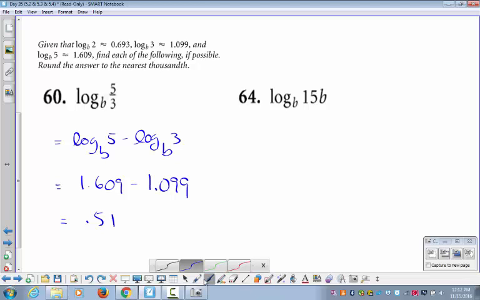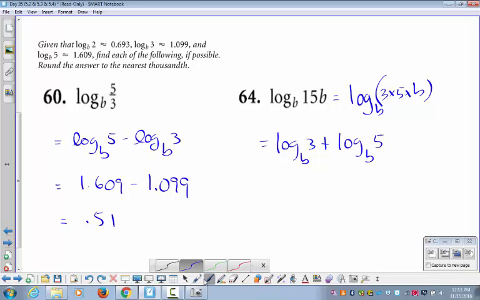How about this one? Is there a way we can rewrite that and get at it? So we have the 5 and we have the 3. Can we somehow separate that? What if we write this as log base b of 3 times 5 times b? That would be log base b of 3 plus log base b of 5 plus log base b of b.